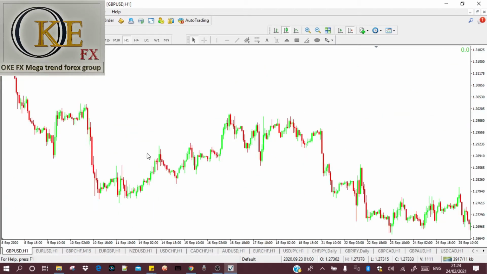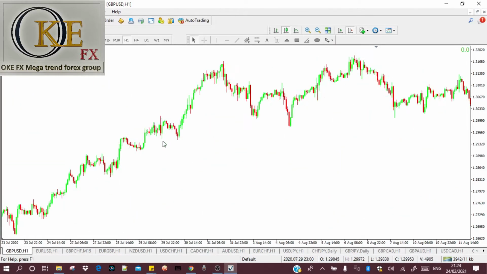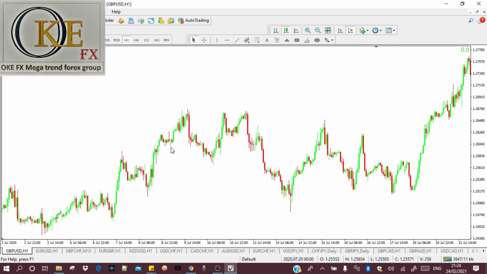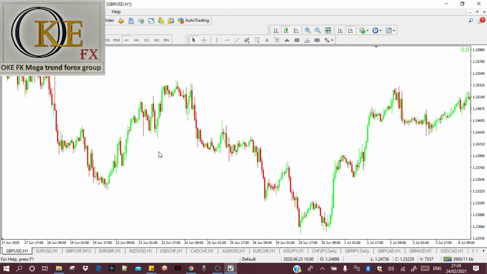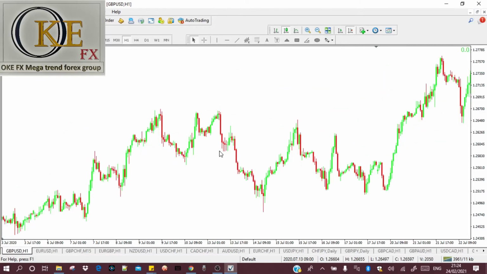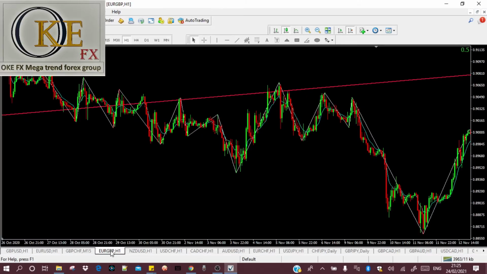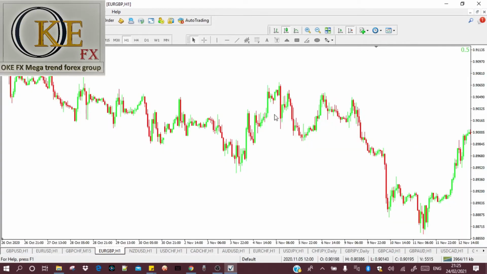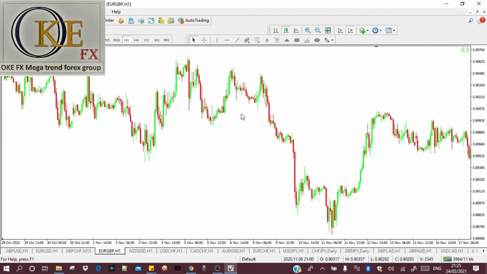Now I'm trying to look for a perfect example where I can show you the importance of treating support and resistance as an area now, and not just as a line on the chart.